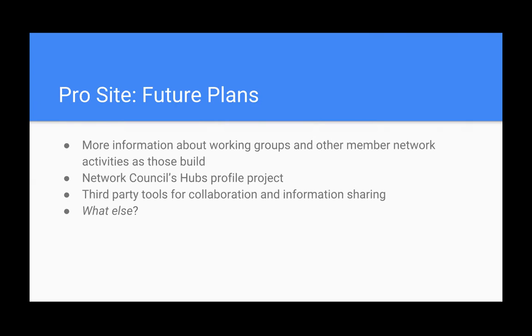At this point, we don't have password protected content, but we recognize that hubs may want to share information with each other and work together in ways that wouldn't make sense to open to the public, or there might be information that you would want to share with other hubs and not necessarily the public. So that is definitely something that we've been discussing as well.